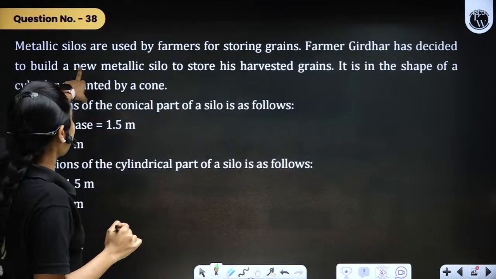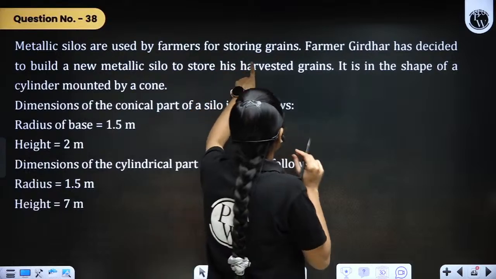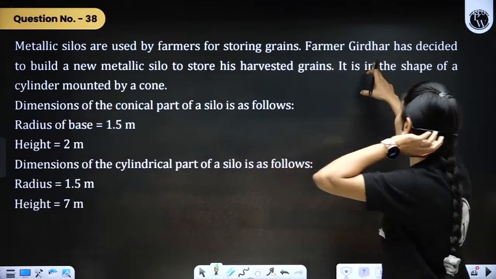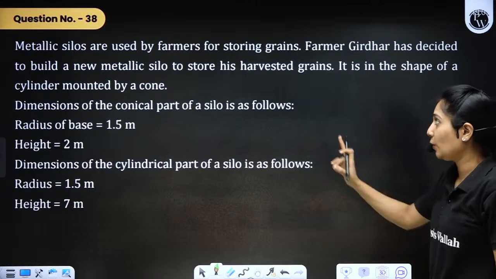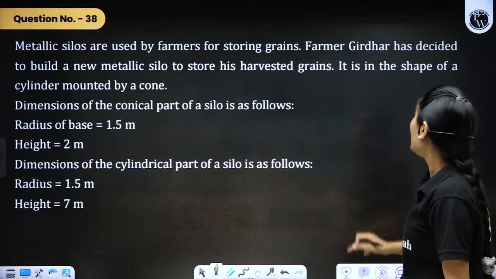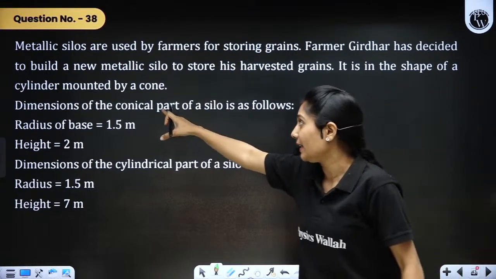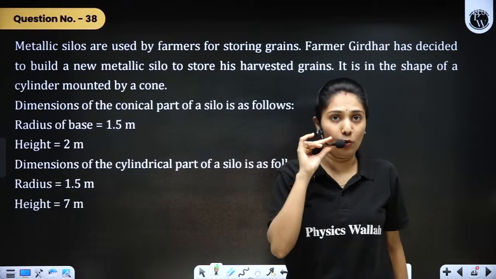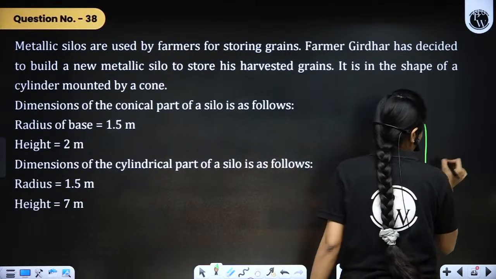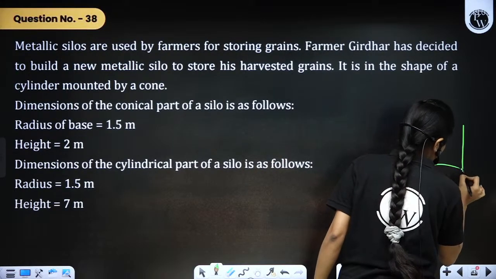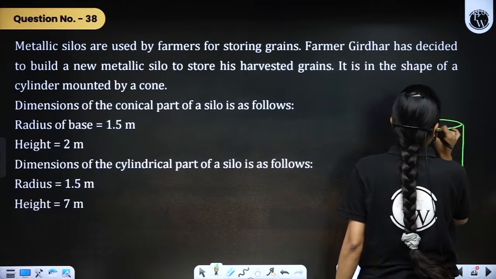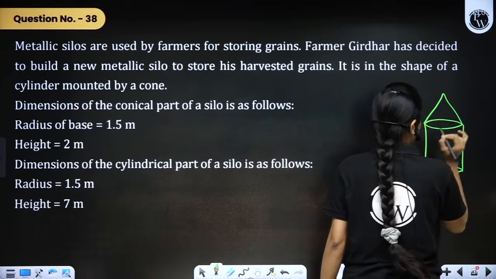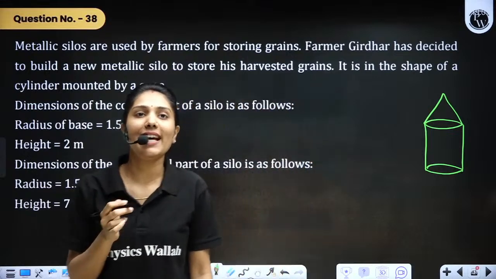Metallic silos are used by farmers for storing grains. Farmer Girdhar has decided to build a new metallic silo to store his harvested grains. It is in the shape of a cylinder mounted by a cone. The silo is something like this.